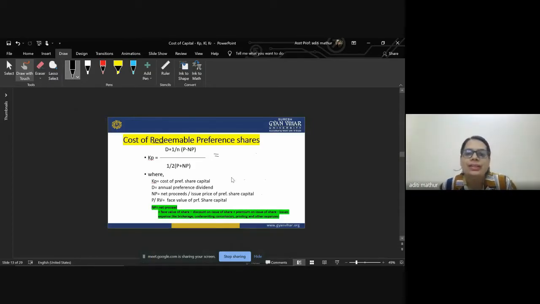So let us first discuss the formula. KP is equal to dividend plus RV minus NP divided by N, whole divided by RV plus NP divided by 2.